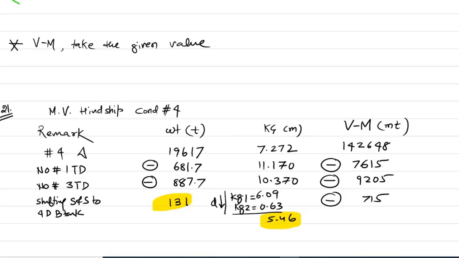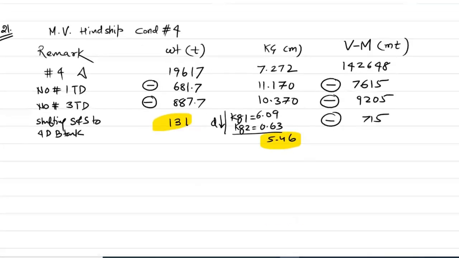If you are shifting something down, you have to subtract the vertical moment. If you are shifting up, you have to add. I'll just mark it as 0 so that I don't add it up by mistake.